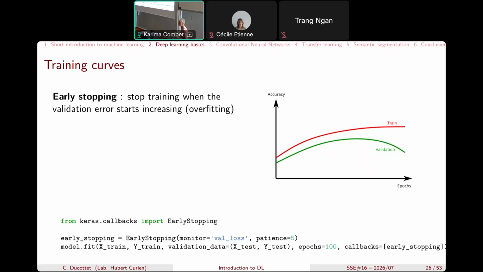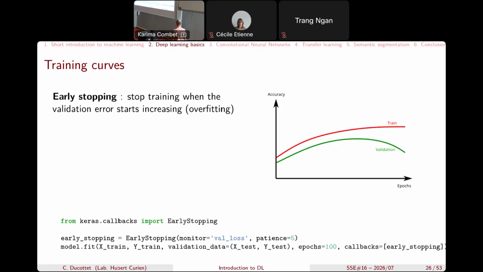The accuracy is, for example, the ratio of the correctly classified samples. Ideally it should be 1, the maximum accuracy. So you could monitor the loss, but you could also monitor the accuracy. If you monitor the accuracy, you should have an increasing curve.